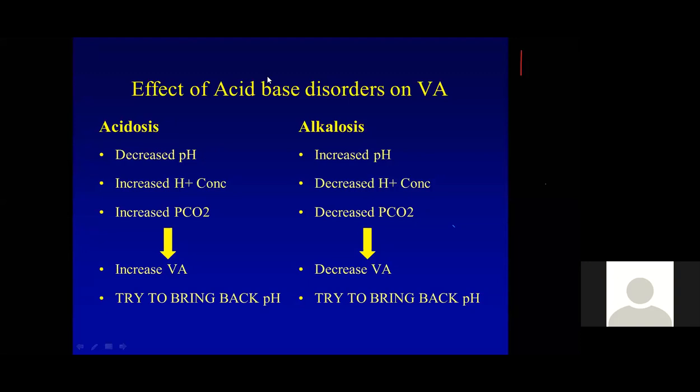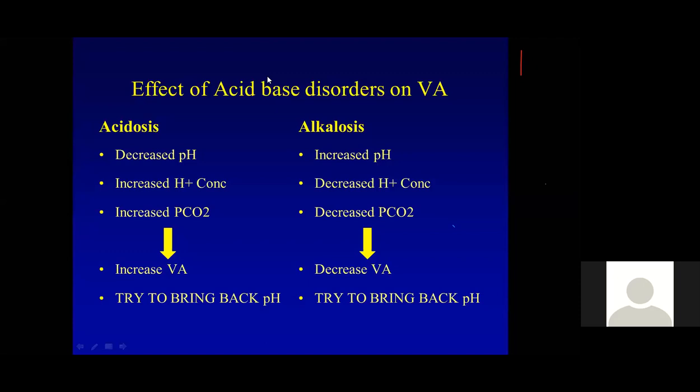So there is increased hydrogen ion concentration and increased PaCO2. It causes an increase in the VA. And what do you mean by alkalosis? What type of pH are you going to see in alkalosis? Very good.